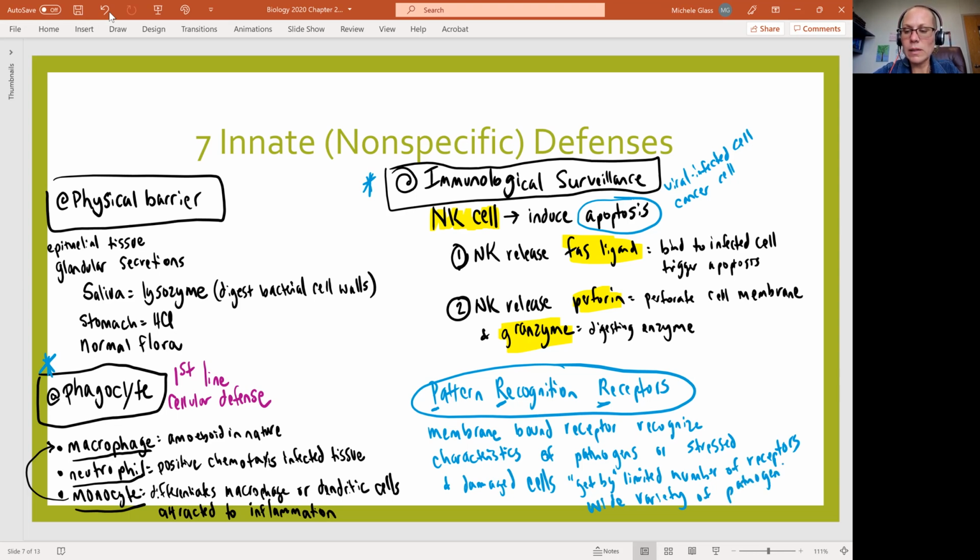So again, this is the non-specific part of what immunological surveillance and the phagocytes are doing. They're able to generically recognize that this cell is not functioning right. This cell is a pathogen. And so that is triggering the phagocytosis, or the apoptosis activities.